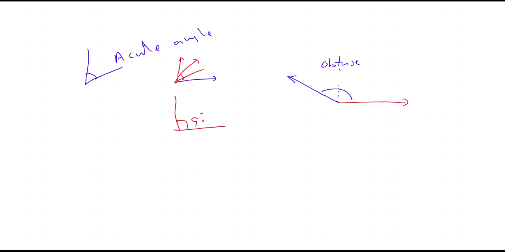Right angle. Now obtuse. Then look here, one ray like that, the same ray. I am bringing the same ray here like that. The blue color and the red color. It came like this.